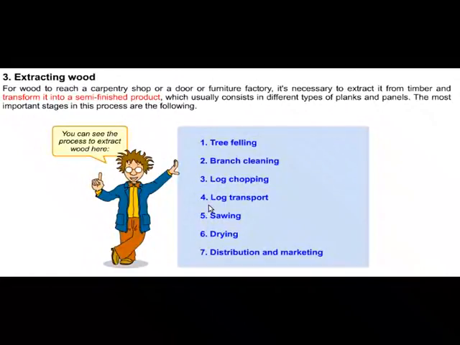Extracting wood. For wood to reach a carpentry shop or a furniture factory, it's necessary to extract it from timber and transform it into a semi-finished product, which usually consists of different types of planks and panels.